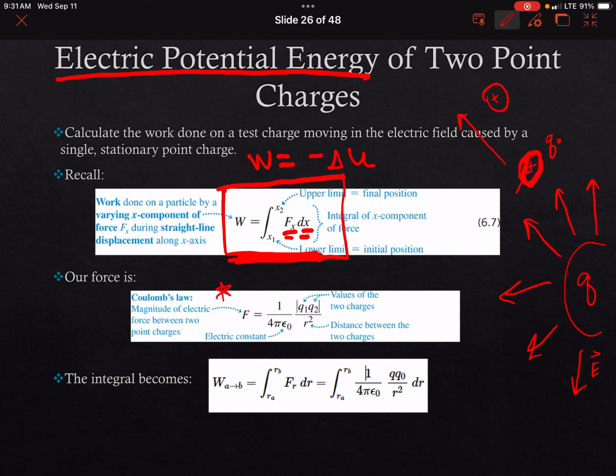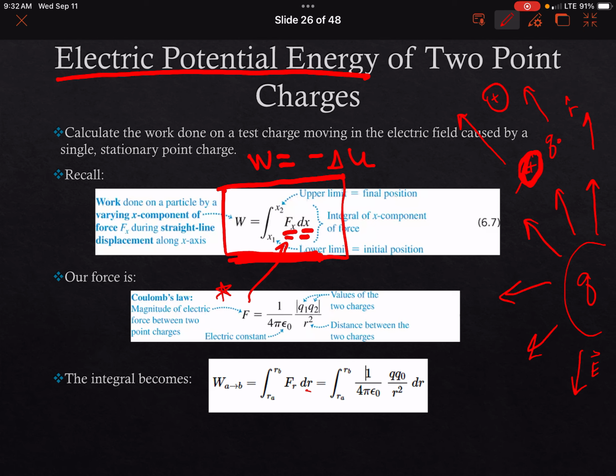So we can plug Coulomb's law into the work done by the force. Instead of talking about x, we're going to talk about r, because this is the r direction, from source to field point. So the E field is all in the r direction, and the movement of the charged particle Q naught is also in the r direction.